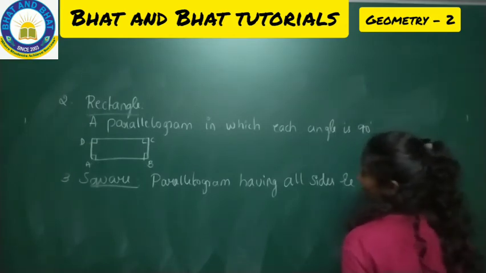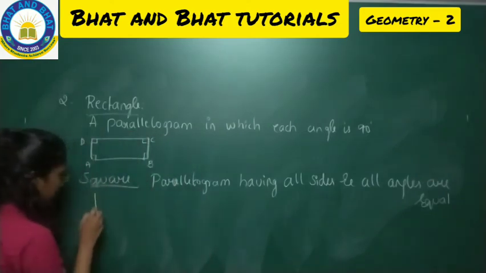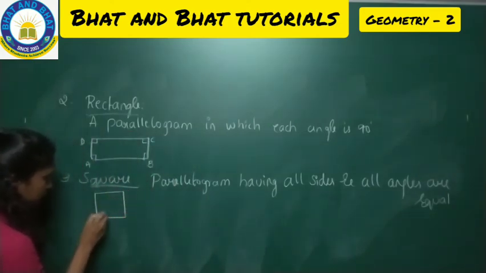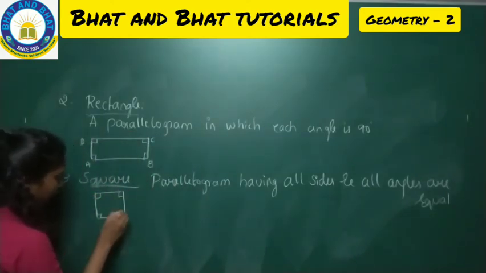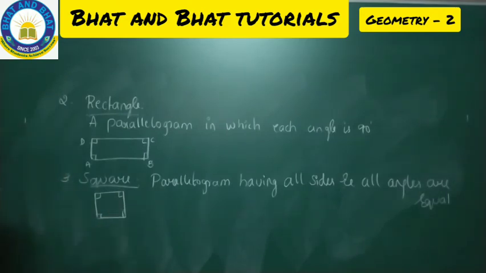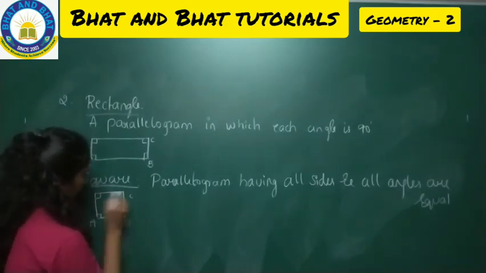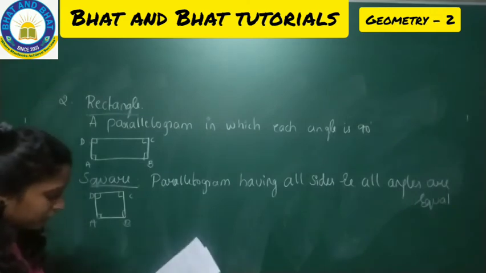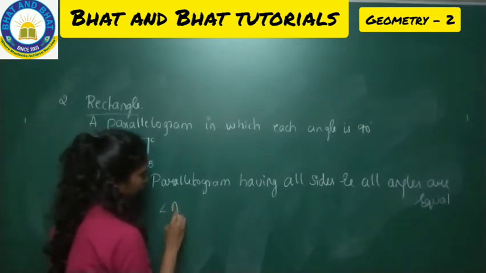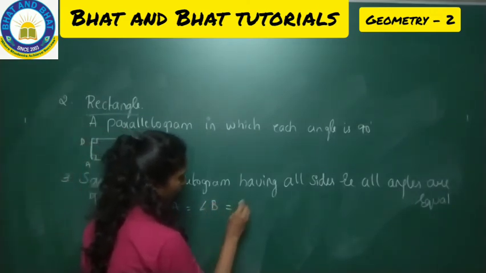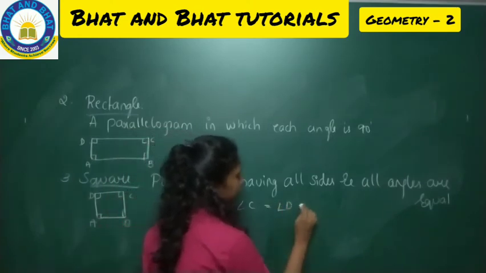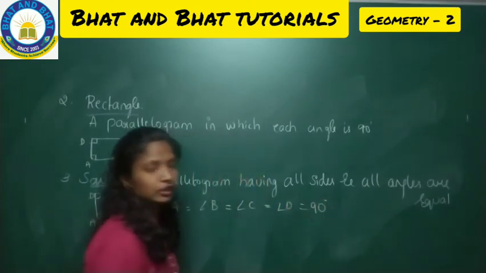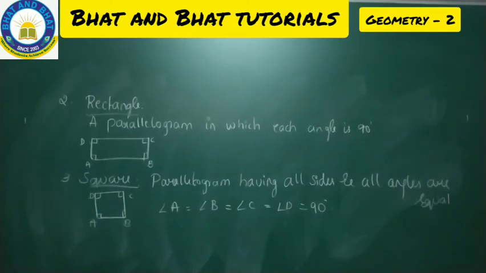So here in a square, all the angles and all the sides will be equal. If this is the square, every angle will be 90 degrees here too. And every angle, that is angle A, angle B, angle C as well as angle D, will be 90 degrees only. Make a note. So fine, hope you all copied this.